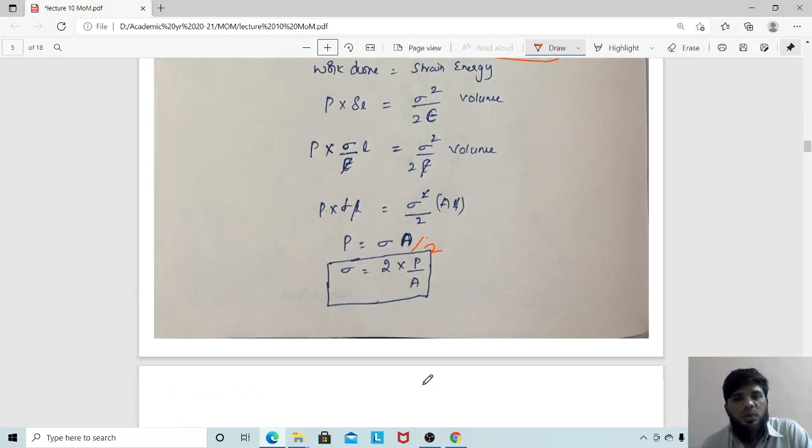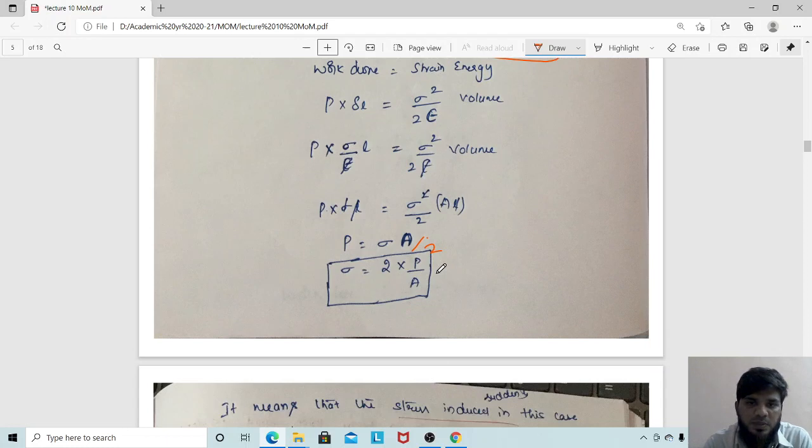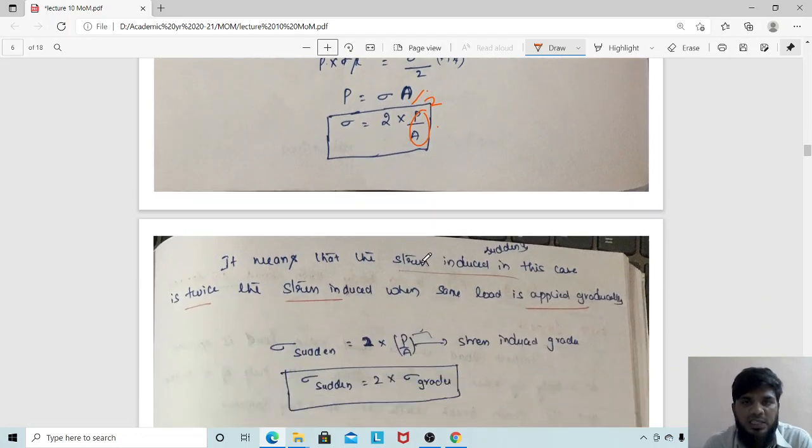So with this, we already know that sigma equal to P by A is called stress. So I am trying to correlate the relationship. If you are applying the load gradually, then P by A is nothing but the stress.